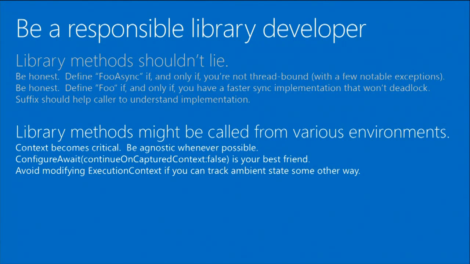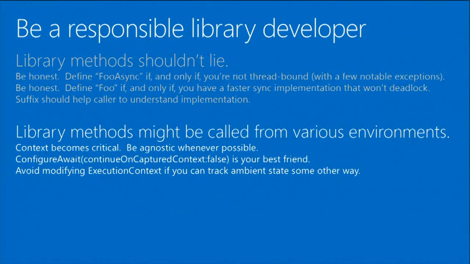Users will expect your API to operate without deadlocks if it looks synchronous. And the reason, what we saw, is that doing sync over async, that is wrapping async inside this synchronous wrapper using wait or result, is very likely to lead to deadlock. We're going to talk more about that deadlock in a bit.